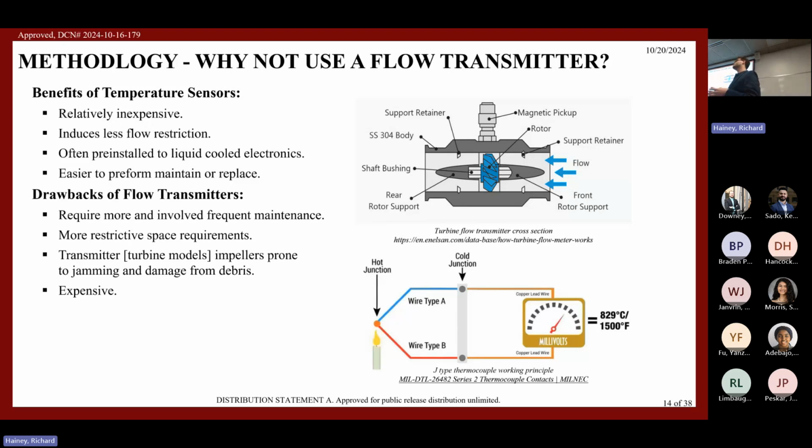Every time that happens, you have to take it out of the system and remove the blockage inside of it that is blocking that turbine rotor from spinning and sending signals. Now, with a thermocouple, it's extremely simple to perform this maintenance, and thermocouples or thermistors, if you wish to use those, can be more easily maintained, and as I said, they're cheaper.